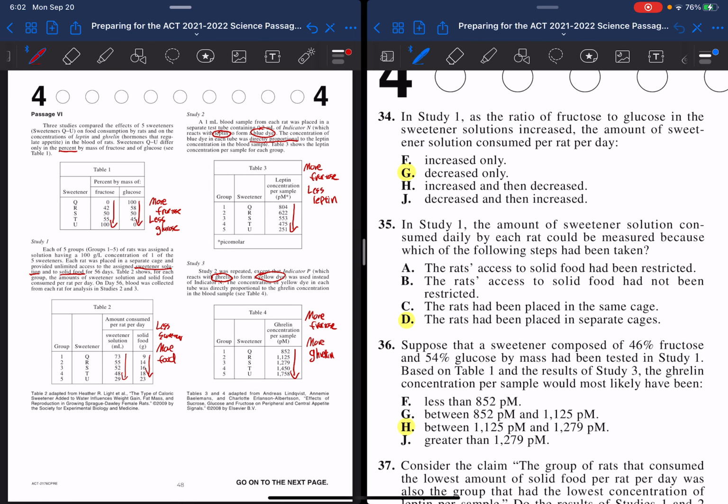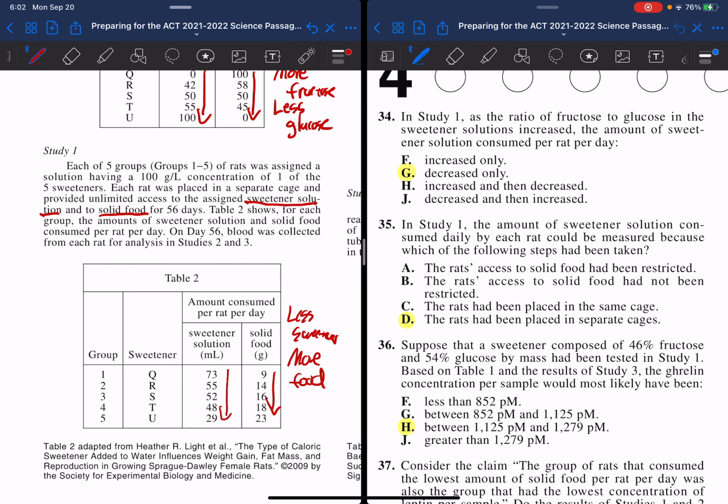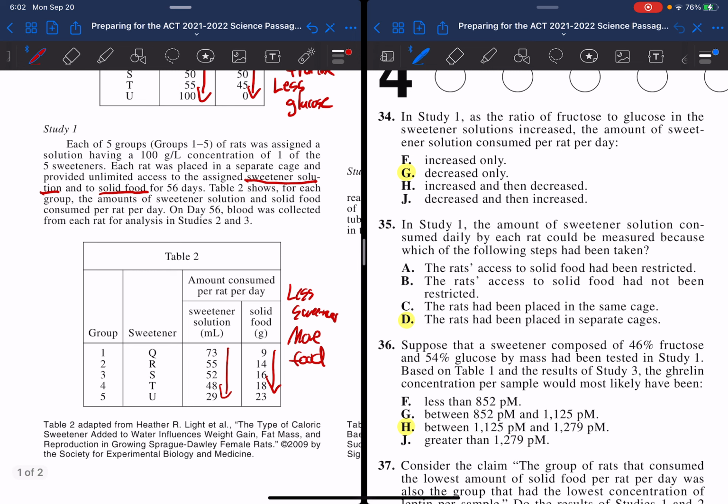So let's see what questions were being asked. It says in study number 1, as the ratio of fructose to glucose increased, that means as you increase fructose and drop the glucose, the amount of sweetener solution consumed by the rats, well, what happened?